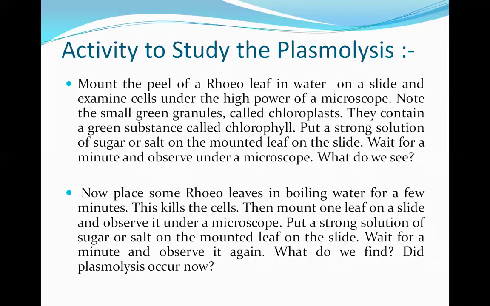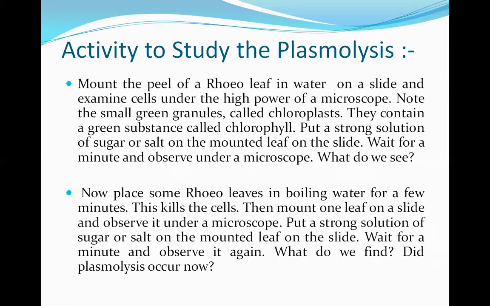Now let us discuss the observation in both conditions, meaning when we observe the slide under water after simple staining, and when we observe the slide after putting a drop of the concentrated solution of sugar and salt.